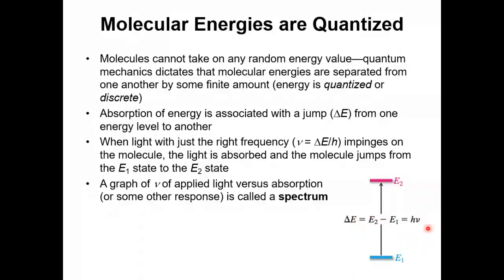If a molecule absorbs a photon with frequency nu, then we know the energy inside this photon is h nu, and it is absorbed by this molecule. That means this molecule must have two energy levels, E1 and E2, and the difference between these two energy levels, delta E, must equal h nu. So that's the general principle of molecular spectroscopy.